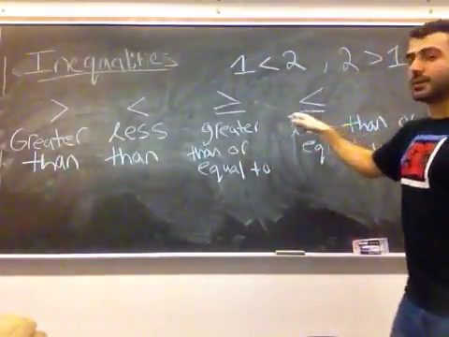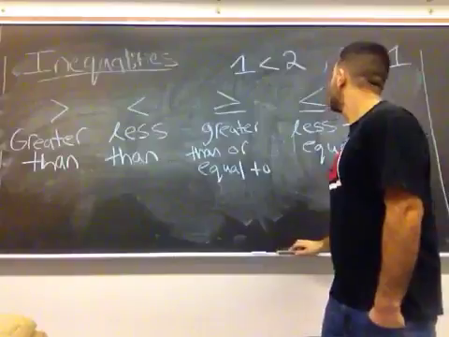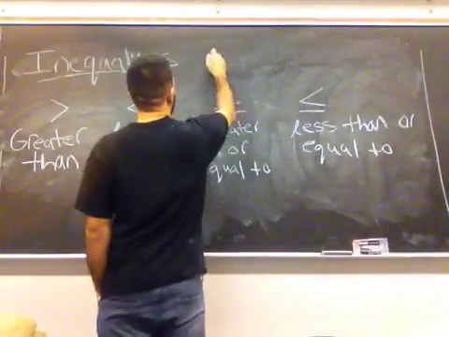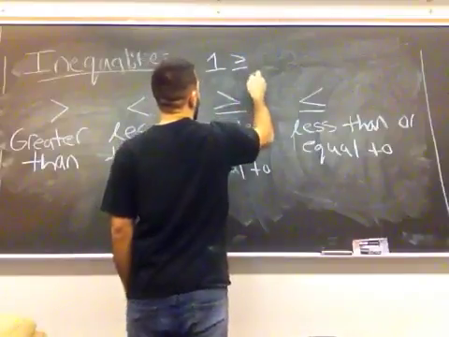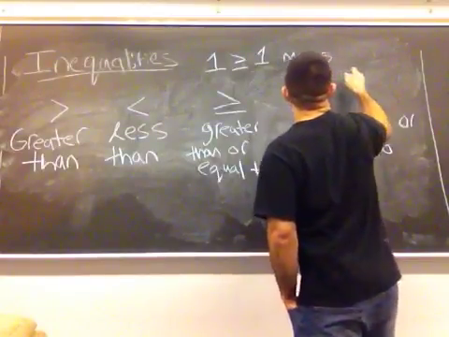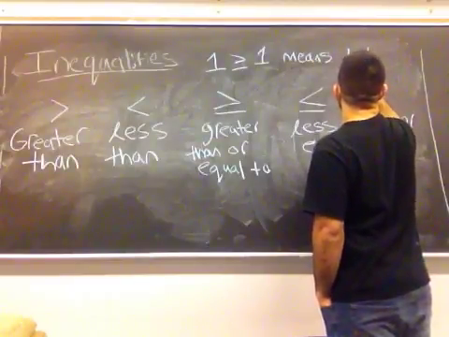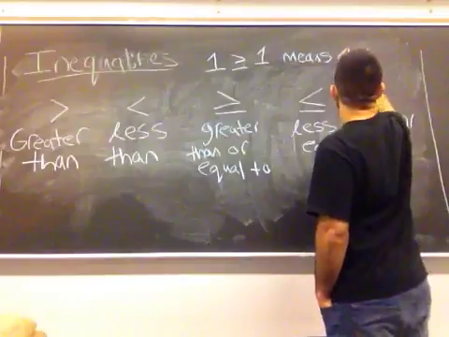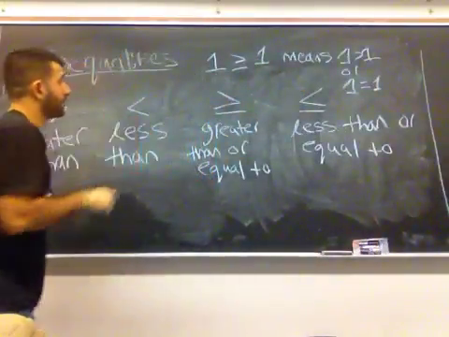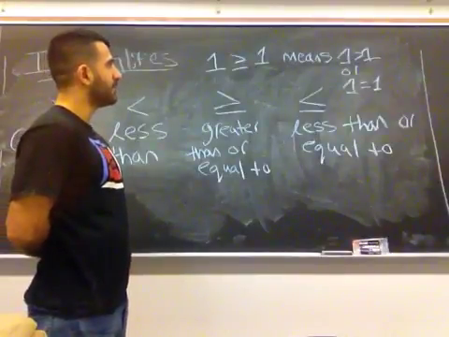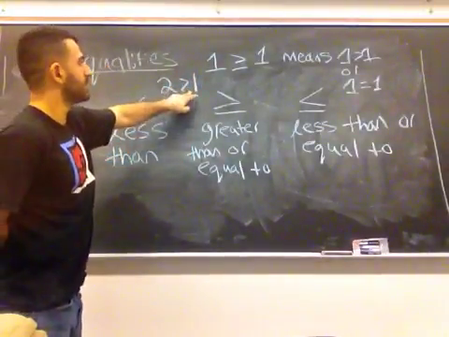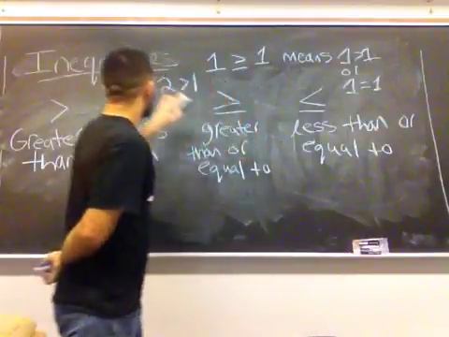Now let's talk about what it means to have a line underneath. Normally when we did it before, one number was larger than the other one.